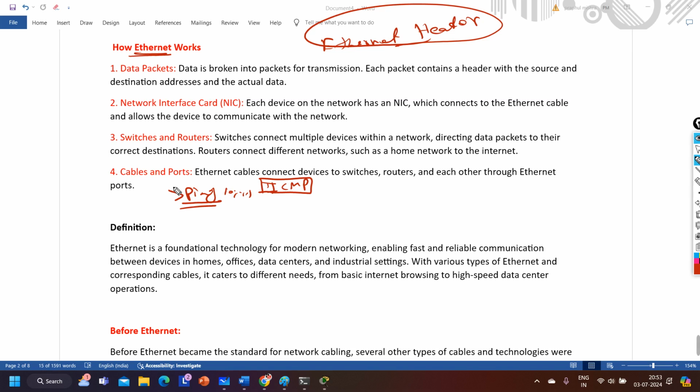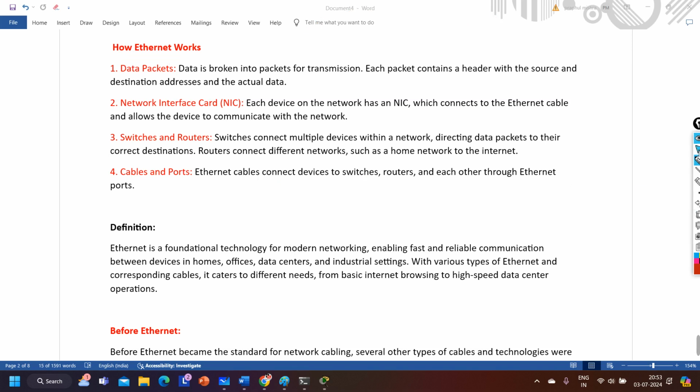Adding source MAC and destination MAC, right? So it will add one header, and in the header it will add source MAC plus destination MAC. If the destination MAC is not available in the ARP table, then it is going to call the ARP protocol. Yes or no? So actually Ethernet is responsible for adding source MAC and destination MAC.